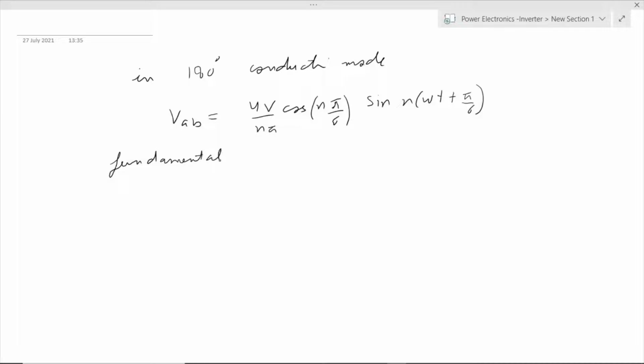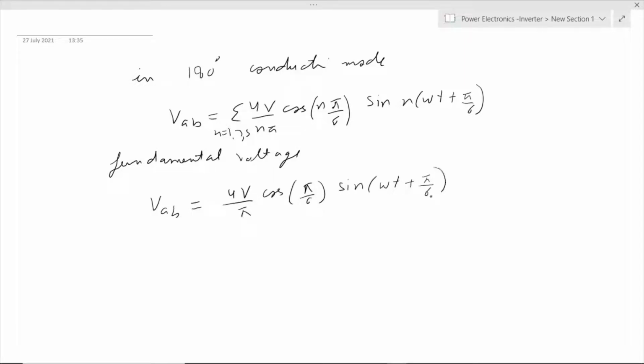The n was coming out in 1, 3, 5, etc. So the fundamental voltage VAB will be 4V upon pi cos pi by 6 sin omega t plus pi by 6.